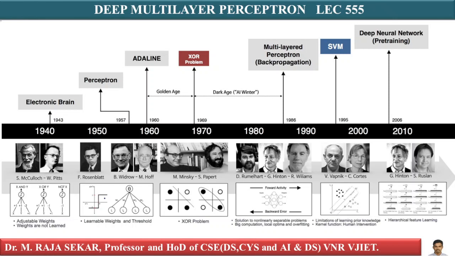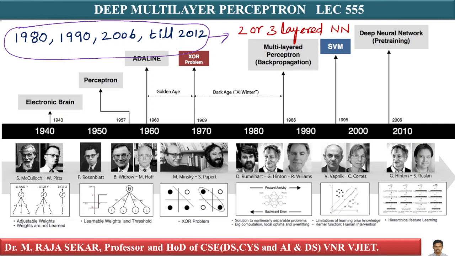In the 1980s and 1990s, almost till 2012, before one of the big breakthroughs in deep learning, mostly what people were trying to do was build two or three layered networks, maybe two or three hidden layers.